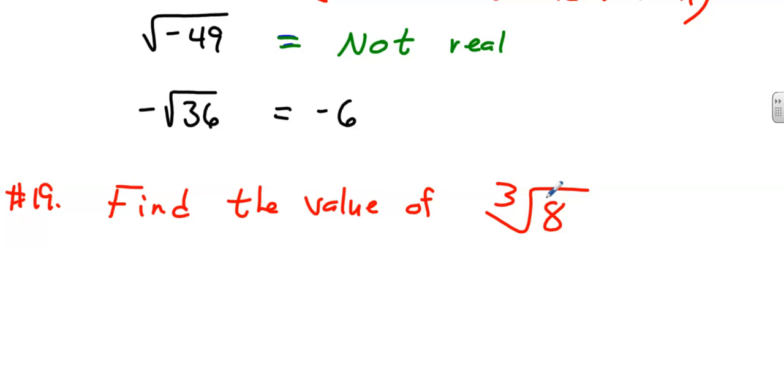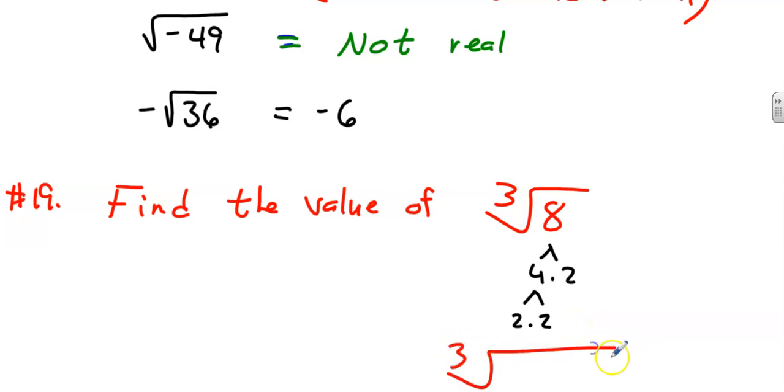Okay, 19. Find the value of the third root of 8. And if you took the 8 to break it down, it would be 4 times 2. 4 would be 2 times 2.